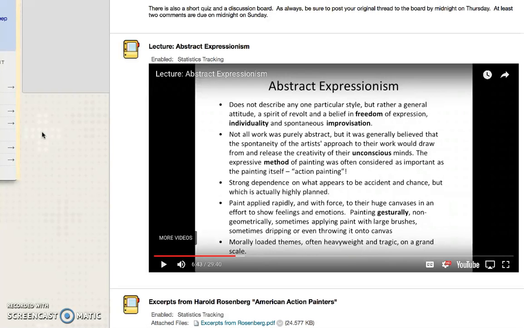Now, what is abstract expressionism predicated on? There's no doubt it relates very closely to surrealism, but because it plays a lot with the psyche, it's not particularly interested in representational form, realistic objects that we see in the everyday world. It's much more interested in abstraction derived from the imagination. But like surrealism, it is interested in the psyche and the unconscious.